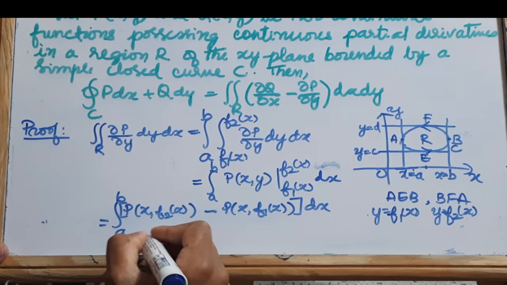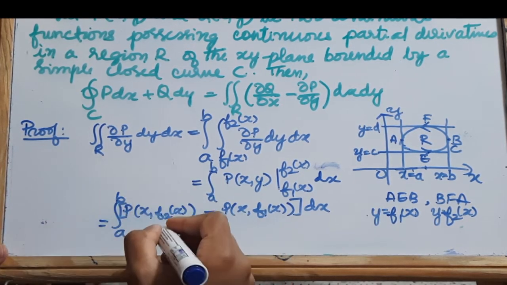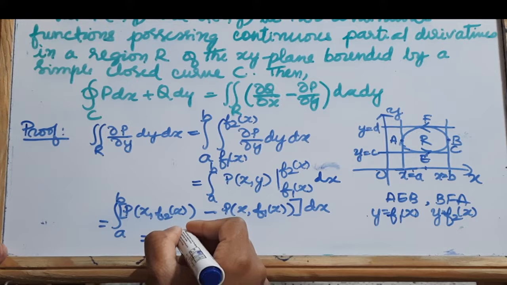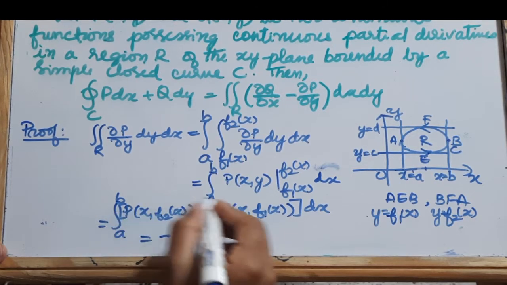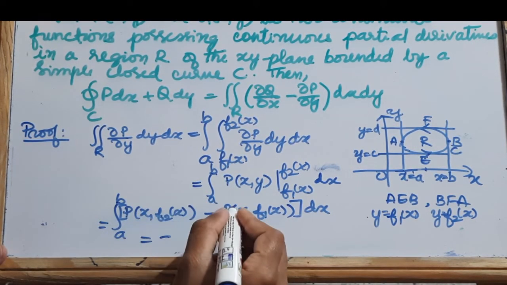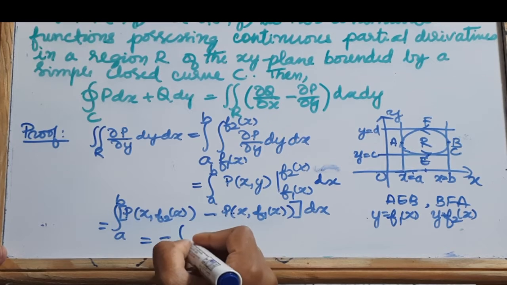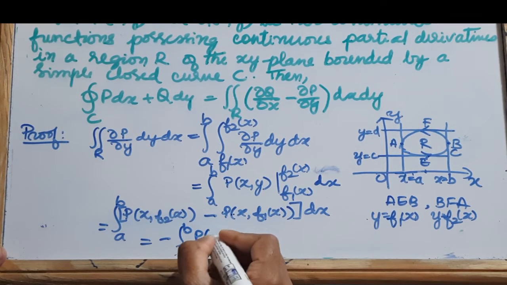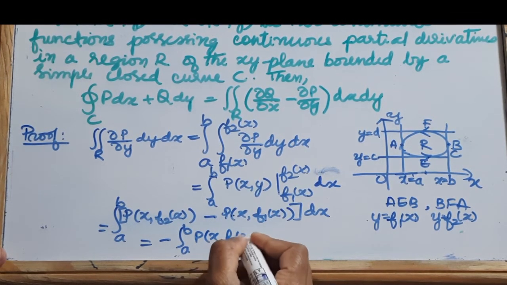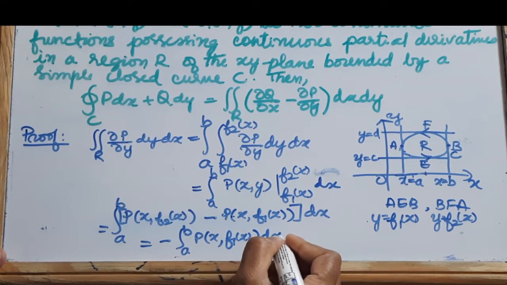Then let's do one thing. I will take a negative sign outside. If the negative sign goes out, this term is going to be positive, that is integral a to b P(x, f1(x)) dx.